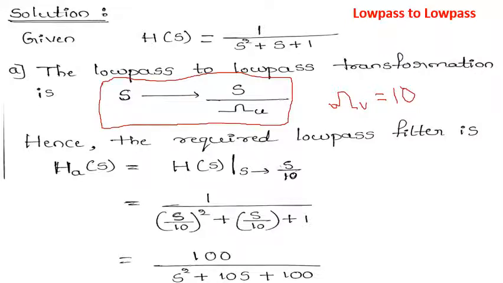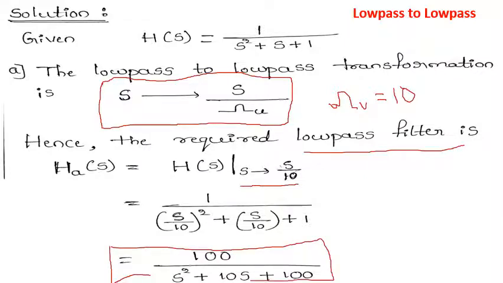Hence, the required low pass filter is H(s) where, wherever there is s, you have to replace it as s divided by 10, since in our present question, the value of omega u is 10. Once you simplify this, you will get the required H(s) for the low pass filter.